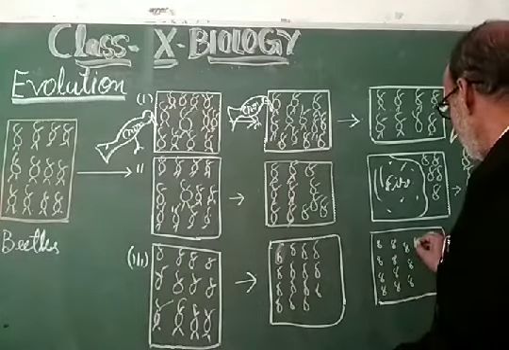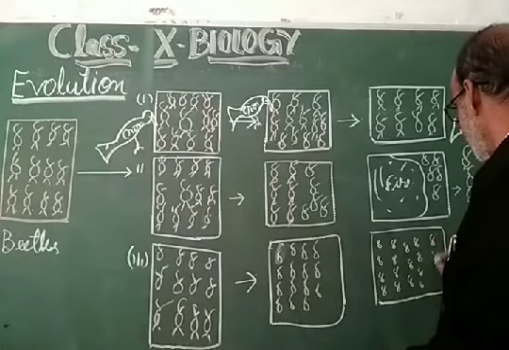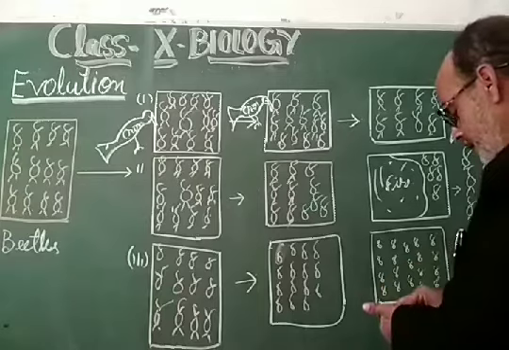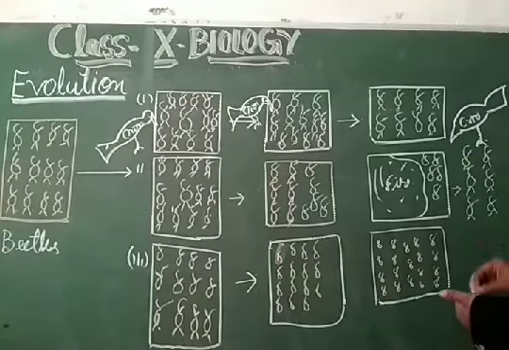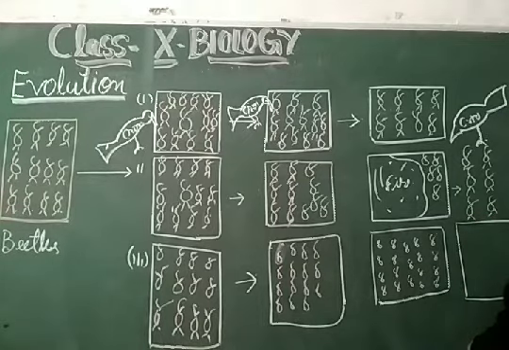And what happened in the other condition, in the other generation? See, if nourishment is there, then they will be able to produce healthy beetles.